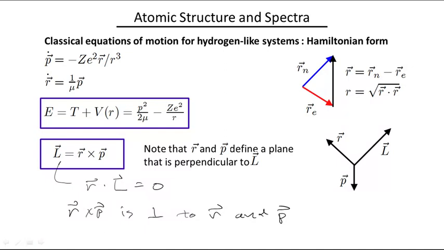So that means that L, which we've determined is fixed in space for all time. So let's say at any given time we have a value of the position and the value of the momentum. From those, we determine the value of the angular momentum just by taking the cross product, very simple.